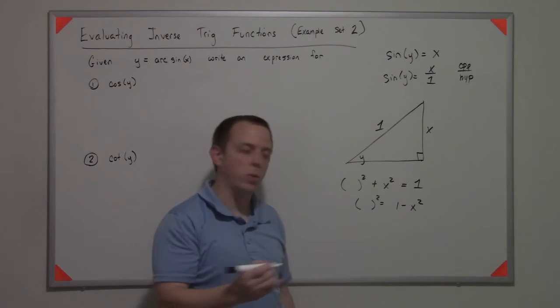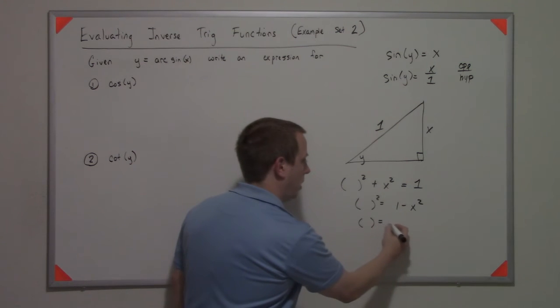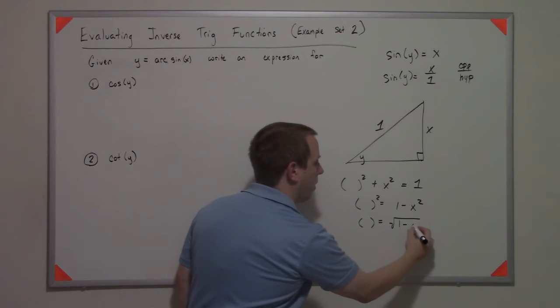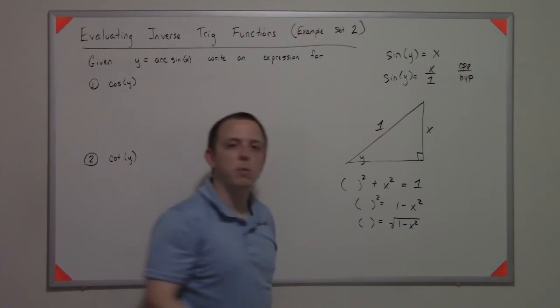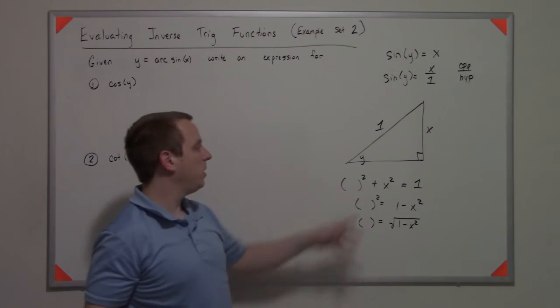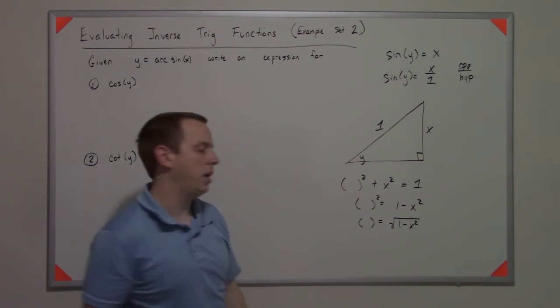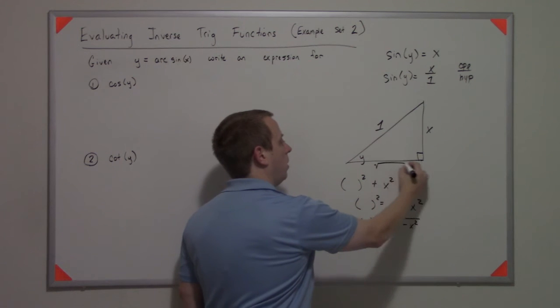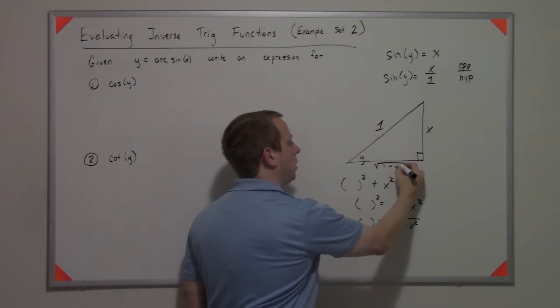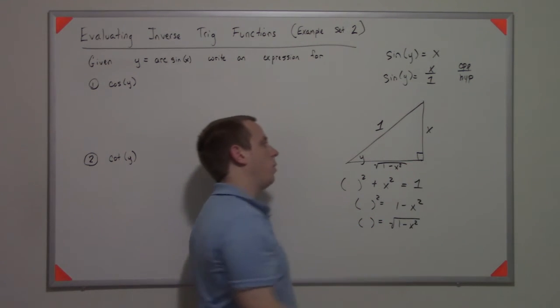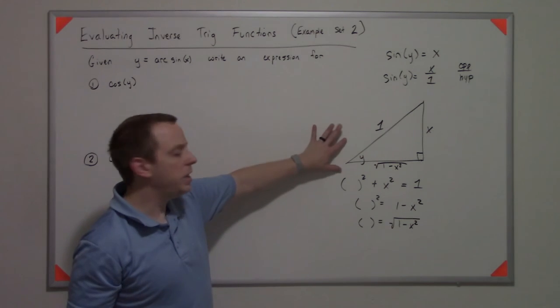Then we take the square root, and that something is the square root of 1 minus x squared. Now you might ask, what about the plus or minus? Well, in this case we're dealing with a triangle, so those are lengths, and you wouldn't have a negative case there. So this is now my triangle.